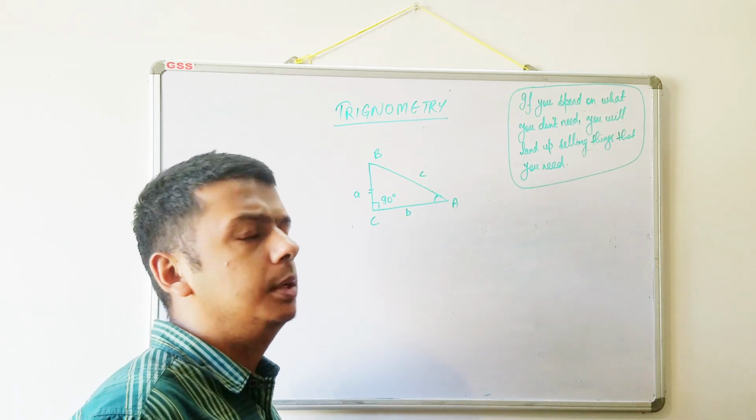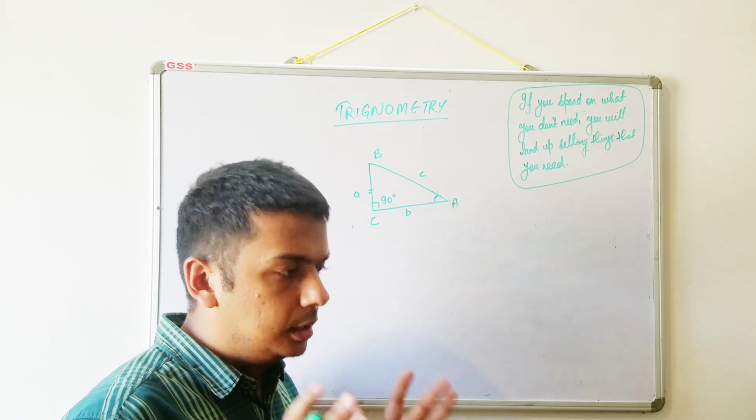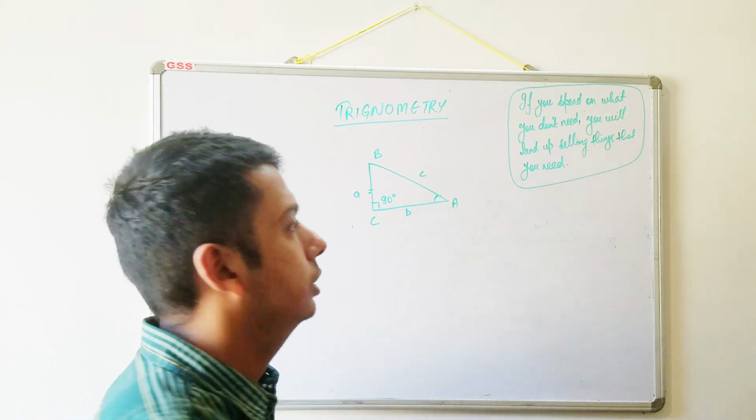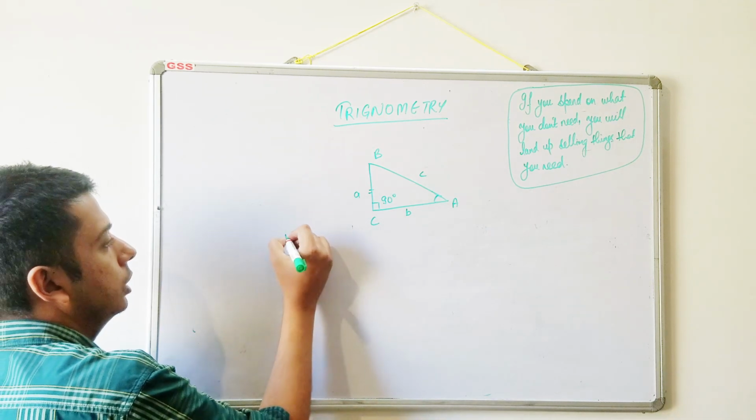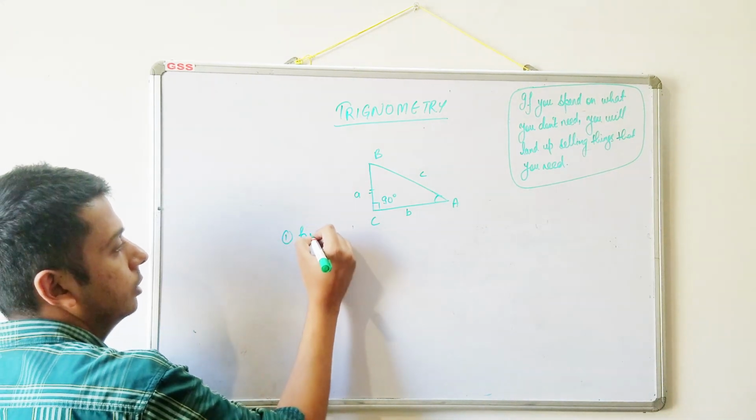So the first basic principle that we can think of in a right angle triangle would be number one, the Pythagoras Theorem.